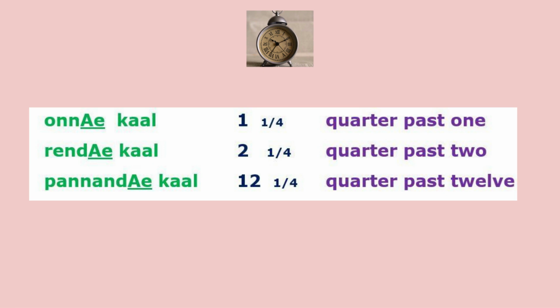You say rende kal, meaning quarter past 2. Pannande kal, meaning quarter past 12. So you use this one, rende, moone, nale, anje. So one kal, quarter past 1, rende kal, quarter past 2, pannande kal, quarter past 12.